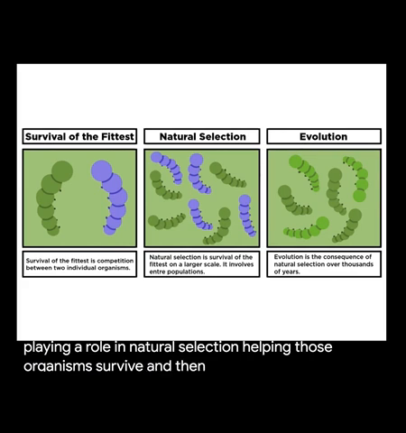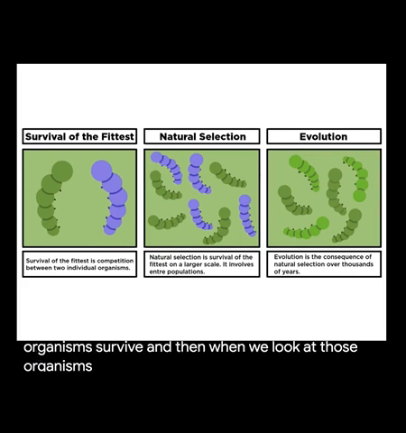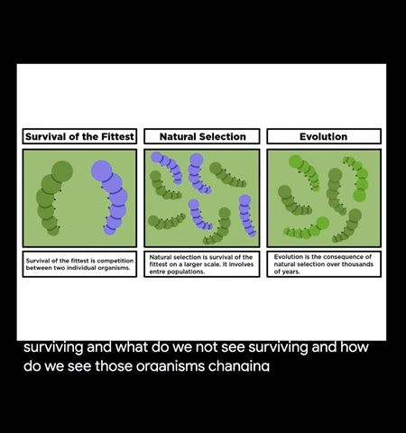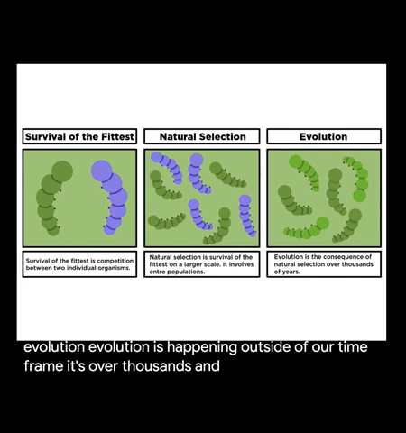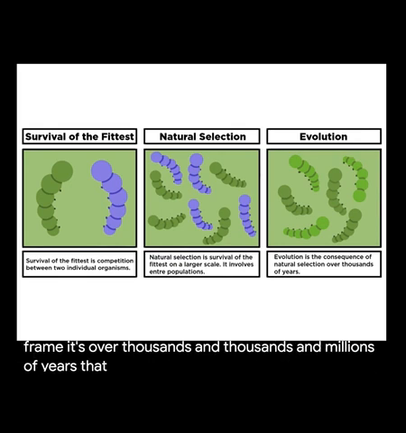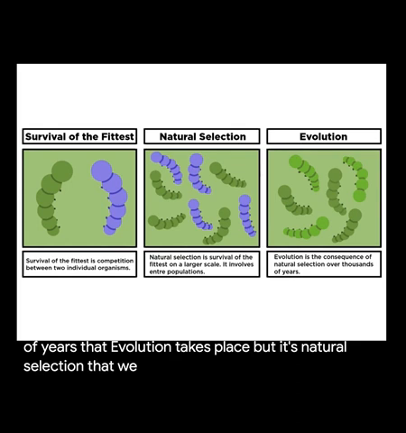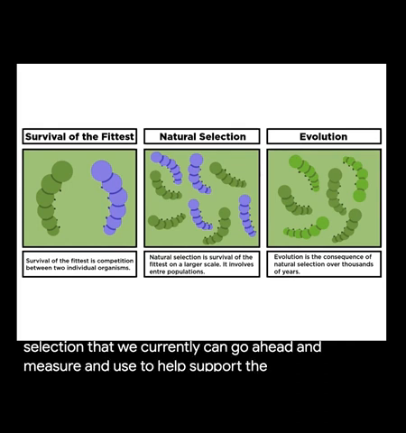Then when we look at those organisms over millions of years, what do we see surviving, what do we not see surviving, and how do we see those organisms changing over time? This is evolution. Evolution is happening outside of our time frame. It takes place over thousands and millions of years. But it's natural selection that we can currently measure and use to help support the concept of evolution.